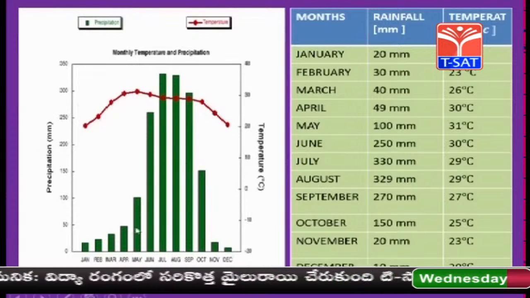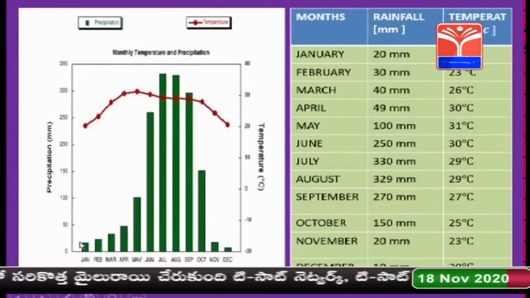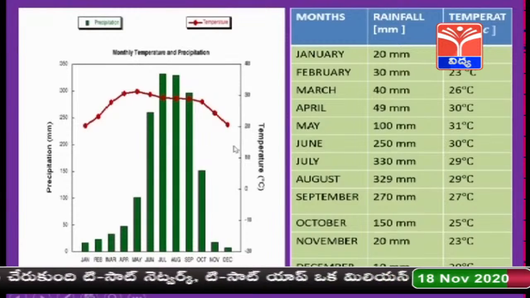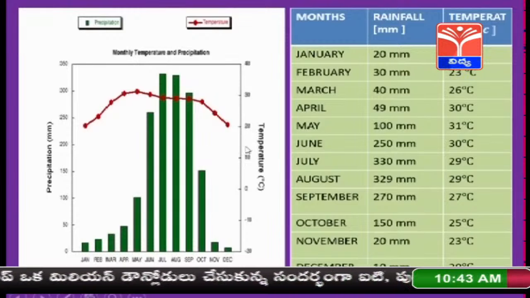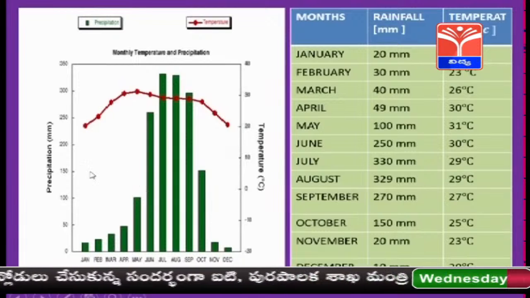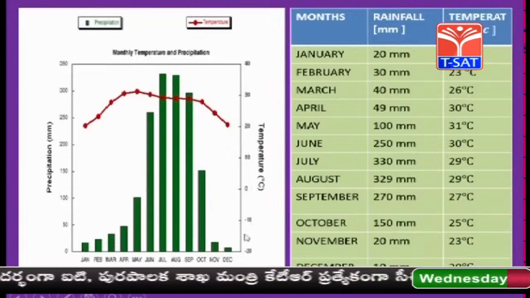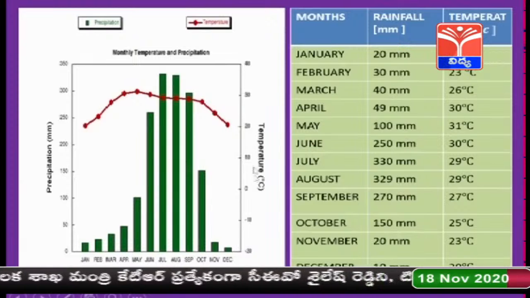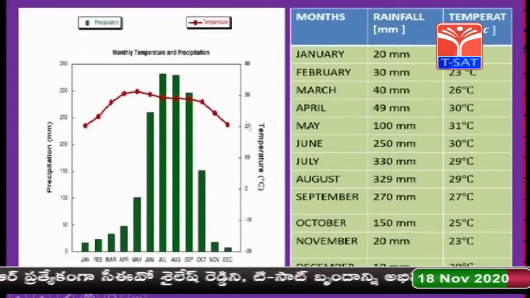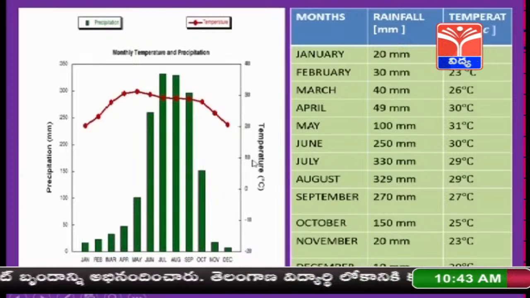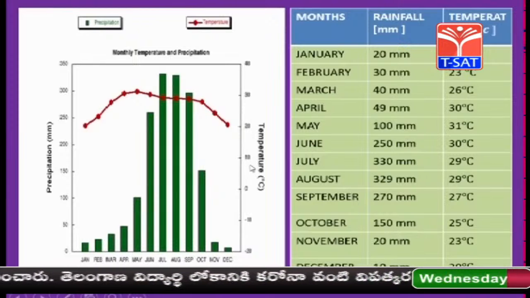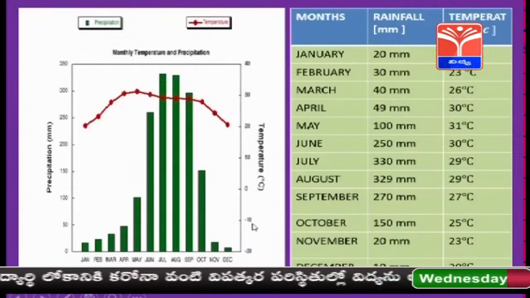Okay, having drawn the bar graph, now the temperature is the second element which has to be plotted on the same graph. So, another axis has to be drawn on the right side, that is the right hand y axis. And temperature, as I told you, varies from place to place. So, in some places it may be minus degrees Celsius.